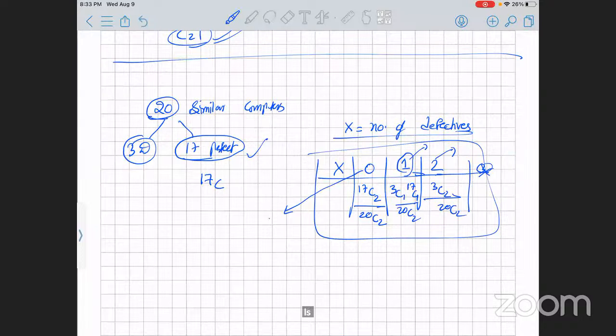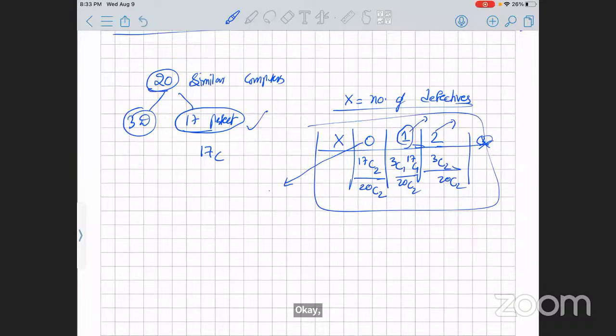Okay, 190 is the denominator. No, option C is wrong. Option A is correct.